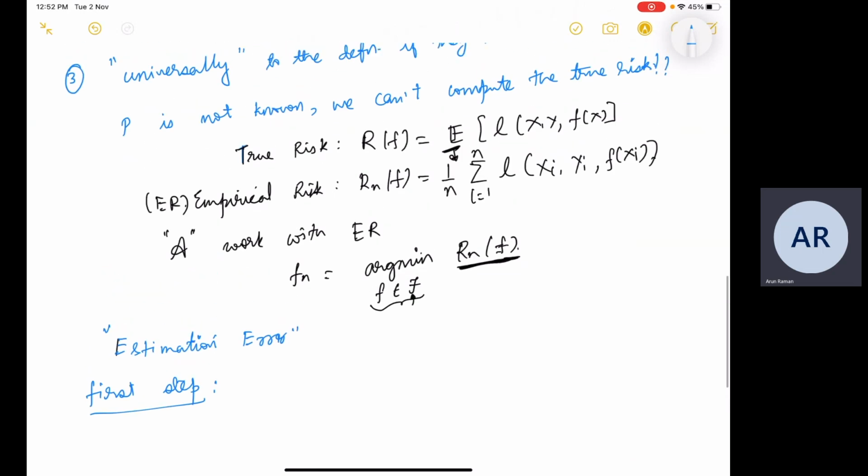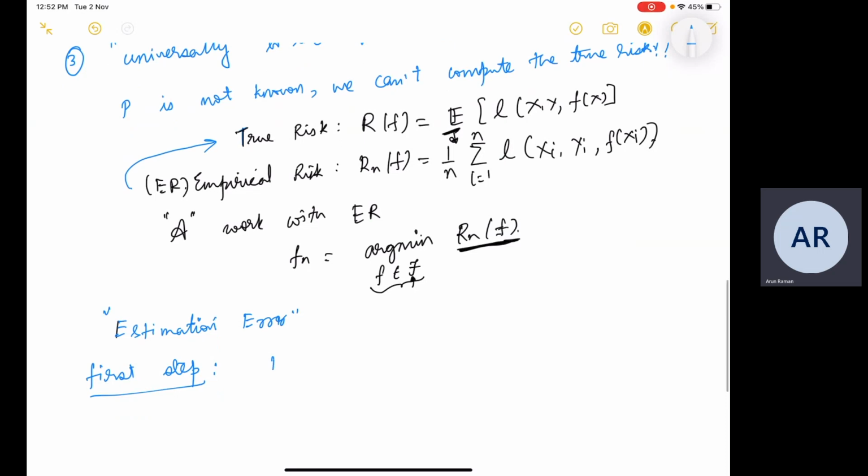Now the first step in that analysis is to acknowledge that empirical risk is an approximation of the true risk. Because our algorithm works with empirical risk, if we want to make any statements regarding the consistency of our algorithm, the first step is to see how well the empirical risk approximates the true risk.